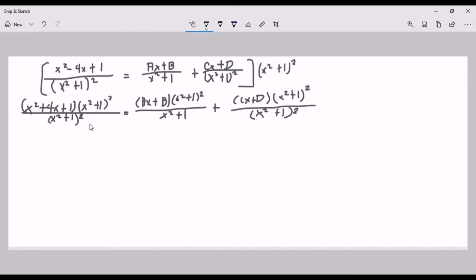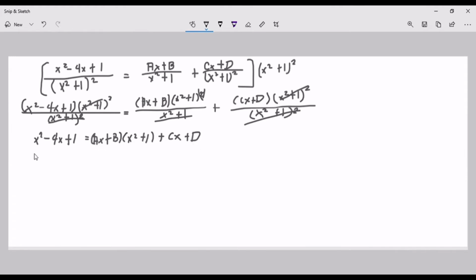Then let us cancel common terms in the numerators and the denominators. That leaves us with x squared minus 4x plus 1 equals the quantity of ax plus b times the quantity of x squared plus 1, plus the quantity of cx plus d.